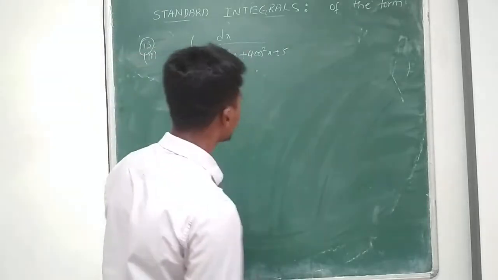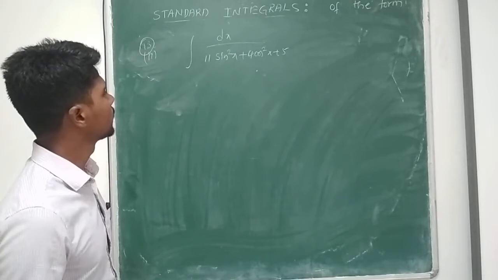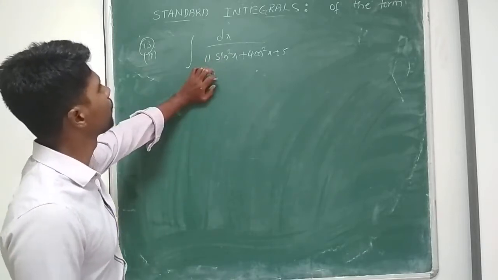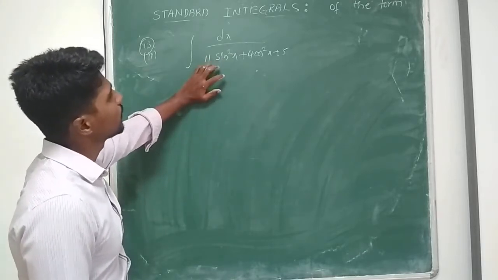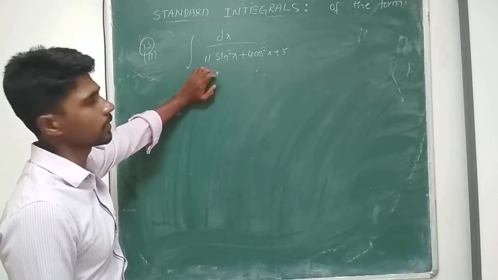Remember, everything we have to convert either in the form sin square x or in the form cos square x. It's clear. If I want to convert everything into sin square, what should I do? Put cos square x as 1 minus sin square x.